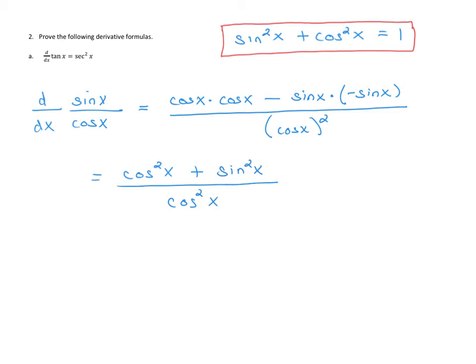They're the same thing. Well, this identity actually shows up in the numerator, except it's backwards. Sine squared plus cosine squared is equal to 1. And technically, this is it, but only because the definition of 1 over cosine is secant. So this proves our formula.